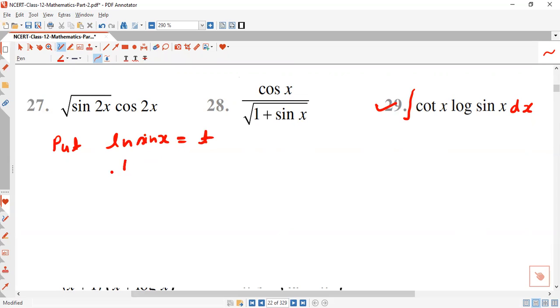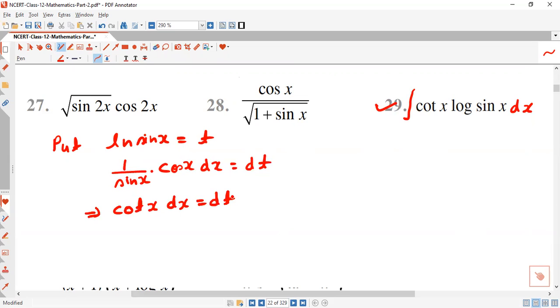Then it comes out 1 upon sin x, and the differentiation of sin x is cos x, so cos x dx over sin x equal to dt. So this will be equal to cot x dx equal to dt. Yeah, this becomes the easy part. Cot x dx becomes dt, and log sin x is t.